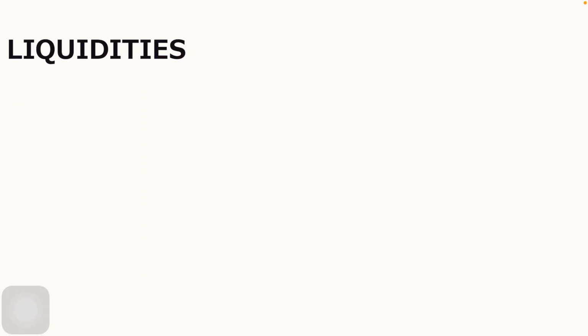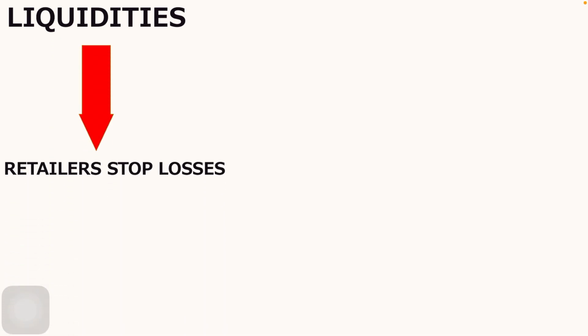So liquidities, I explained what liquidity is, but I want to do that again. Liquidity is actually retailer stop losses. Where you place your stop loss as a retailer is actually where the institutions want to first of all take out your stop loss and then go in their intended direction of the market.